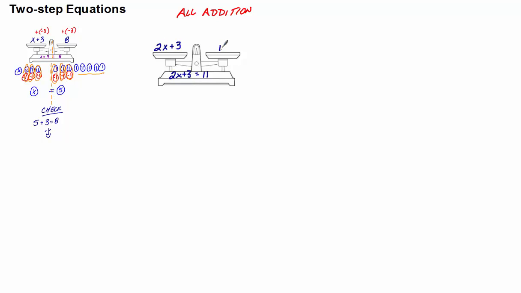We're going to bring the 11 up. Let's put our dashed line down through. That's our dashed line to separate out our drawings. It also helps us remember to do the same thing on both sides. So we have our 2 x's. We have 3 ones on this side. Over here we have 11 ones.